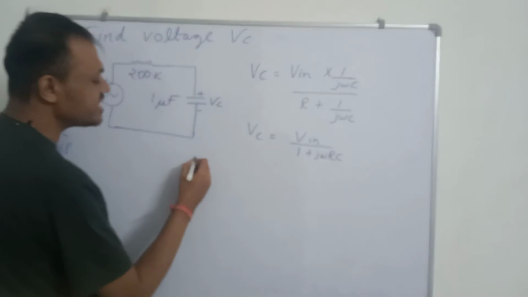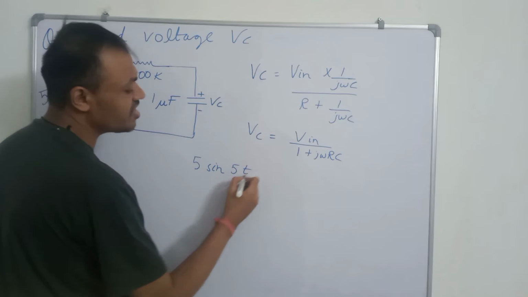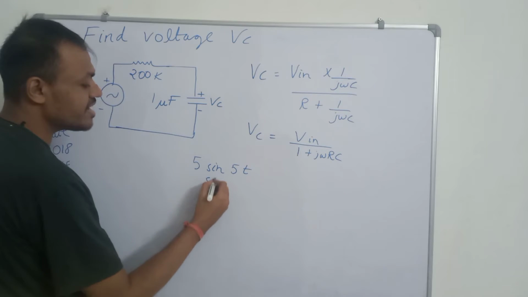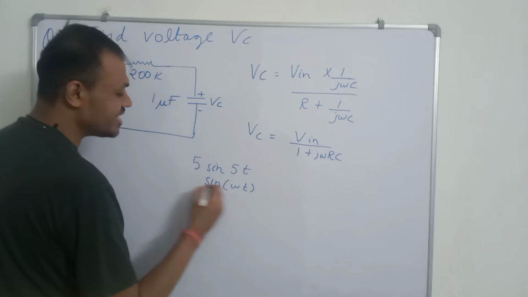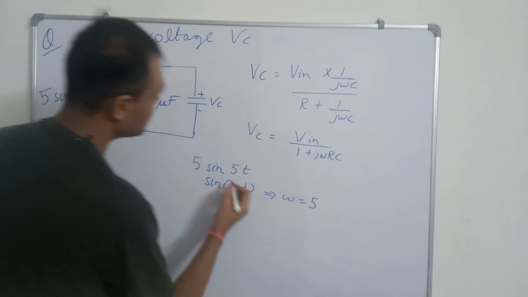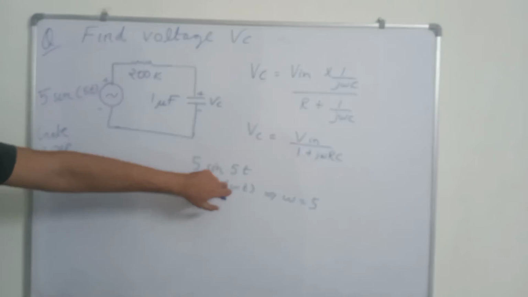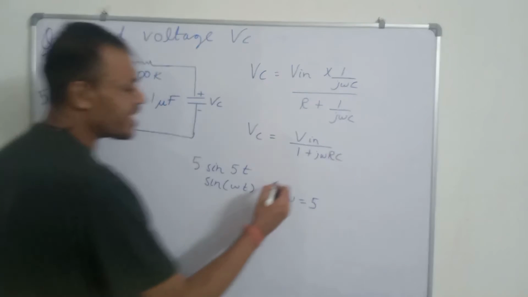Now the input voltage is 5 sine of 5t. So compare with the equation sine of omega t. So omega value is 5, because generally it is of the form sine of omega t, and so omega here is 5.